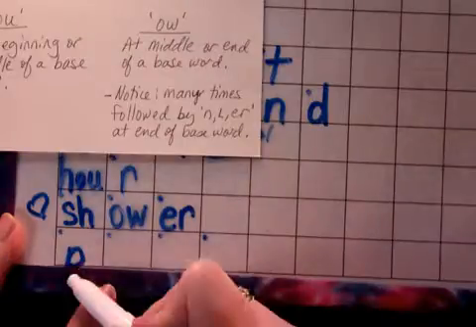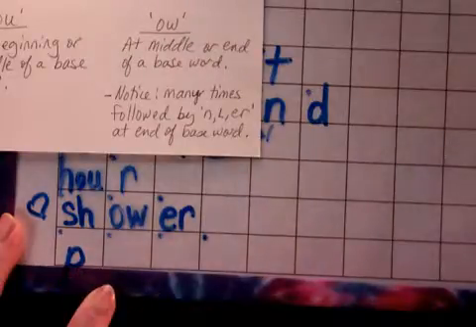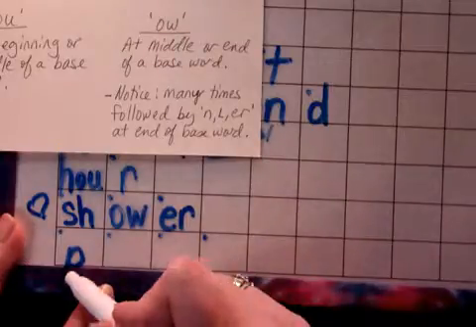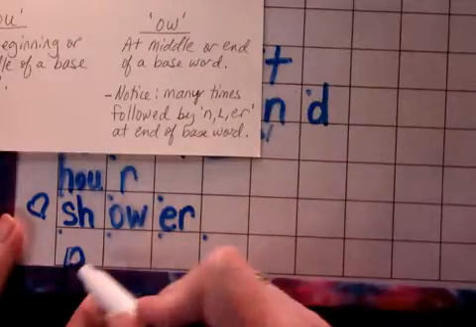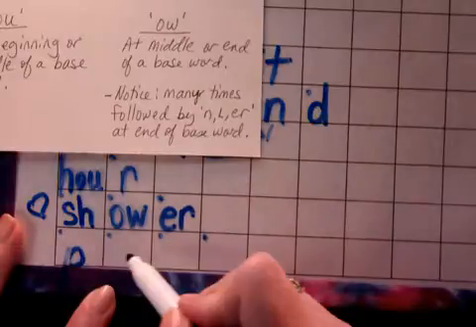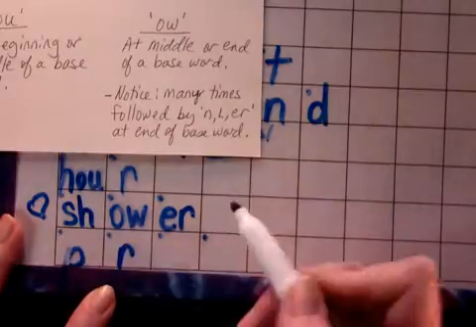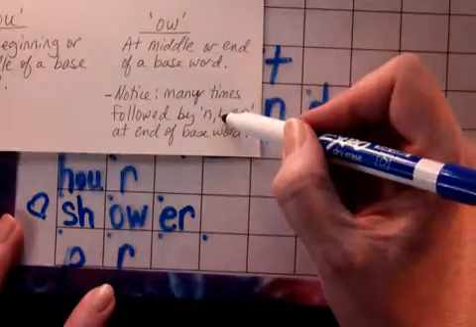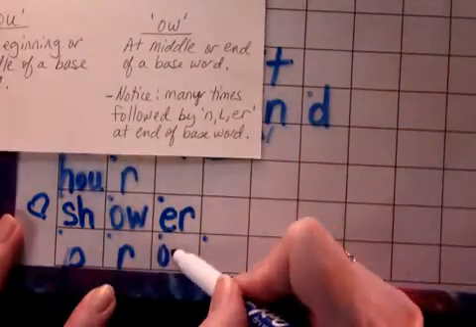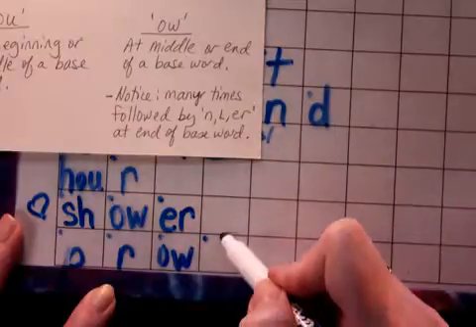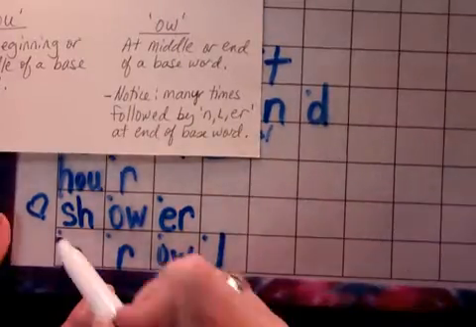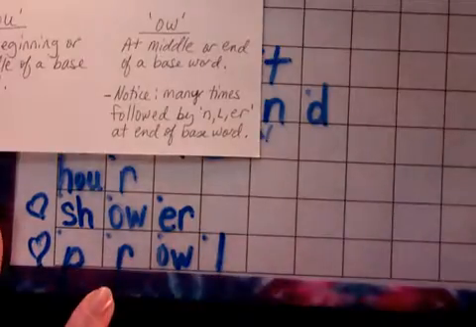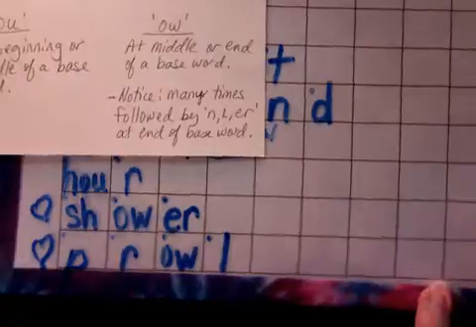I know it's hard to see because of my dark tape, but the stick is down here for the P. Ow, followed by the ul, is spelled OW. Prowl, ul. I'm going to put a heart out here so that you can remember it. Prowl.